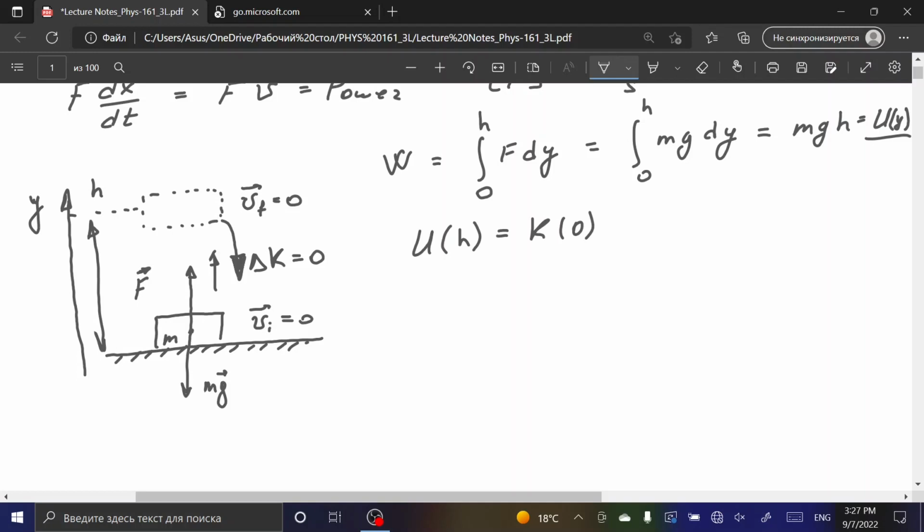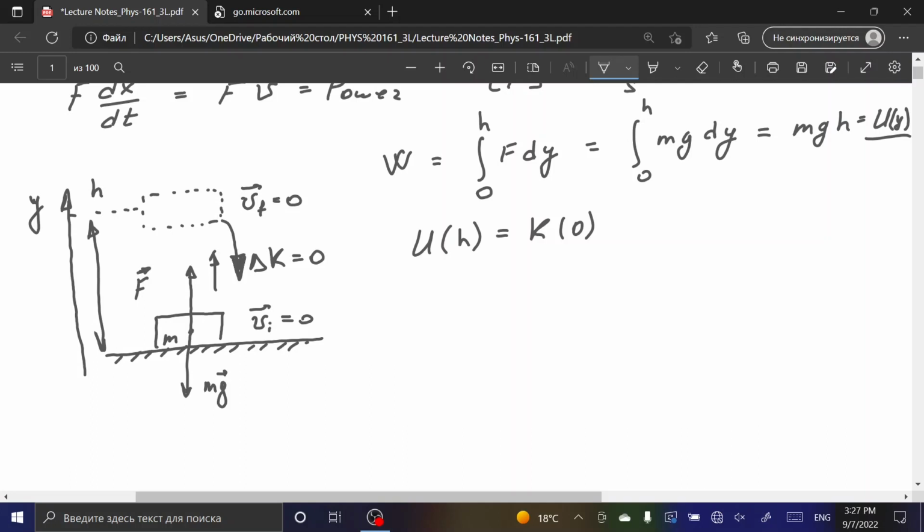So if we consider two extreme cases, the excited state and the ground state, when it comes back to the ground state, which corresponds to coordinate y equals 0, these values should be equal to each other.